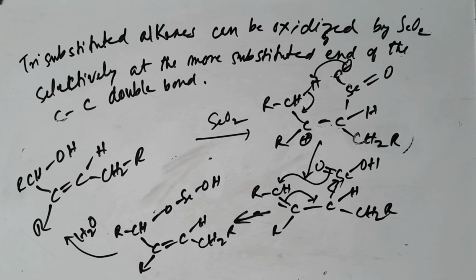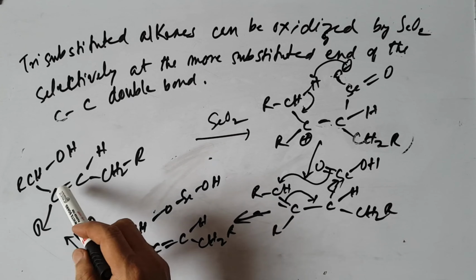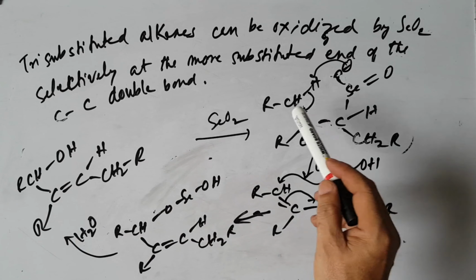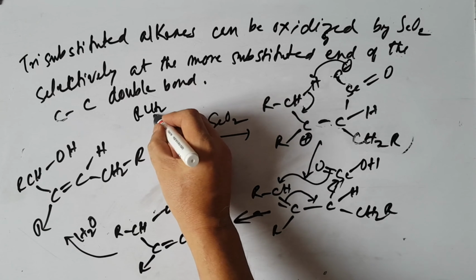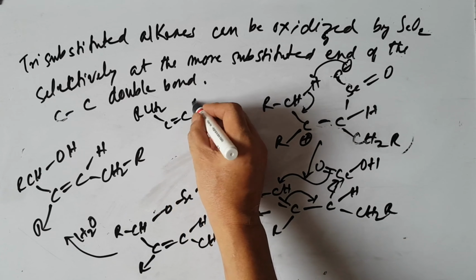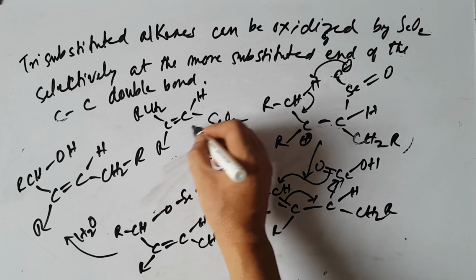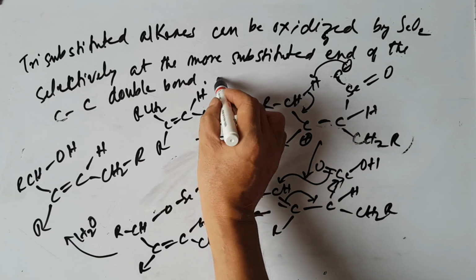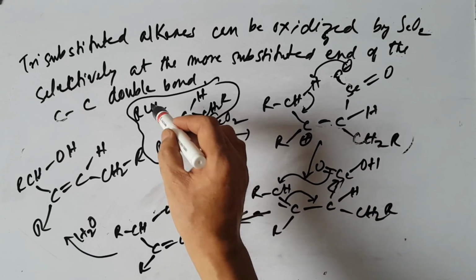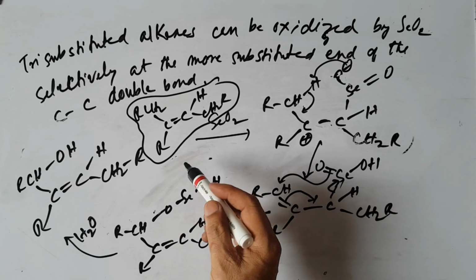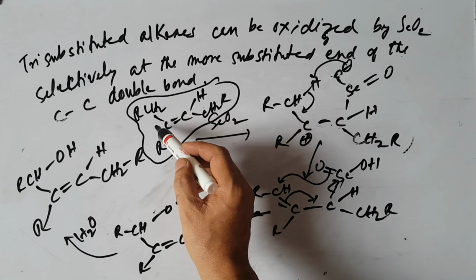Repeating again: trisubstituted alkenes can also be oxidized by selenium dioxide selectively. When you oxidize this compound, the active methylene group, this CH2 group, is oxidized. This is the starting material, with substituents one, two, three, and it is selectively oxidized at the most substituted end of the carbon atom.